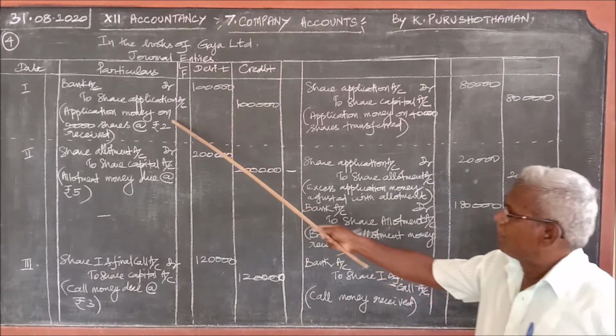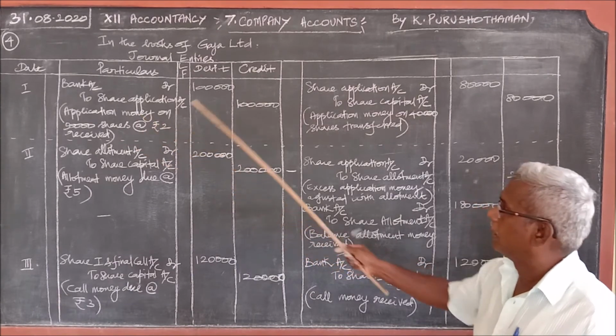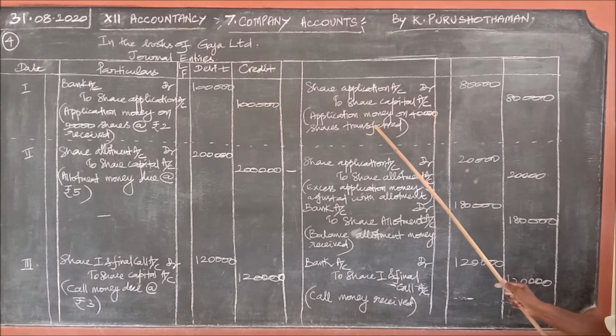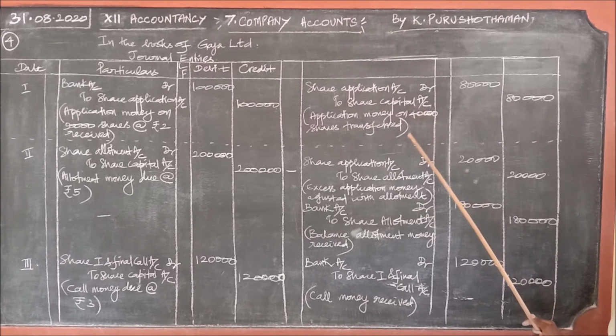You can see the narration: application money on 50,000 shares at the rate of ₹2 received. Okay, we have completed. But if the application money is transferred, how much can be transferred to the share capital? Only for the number of shares issued by the company can be transferred to share capital.